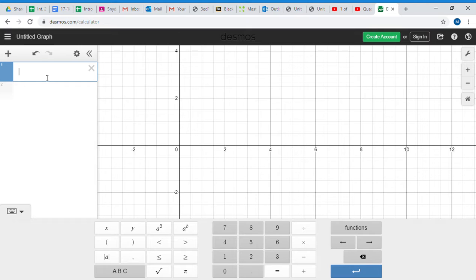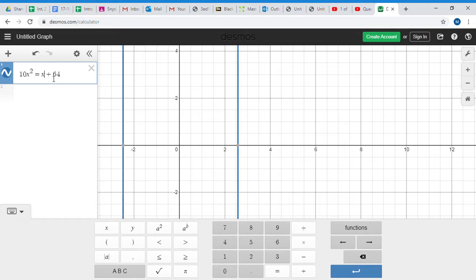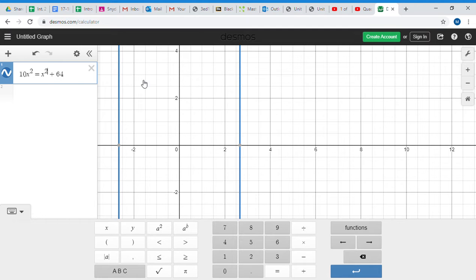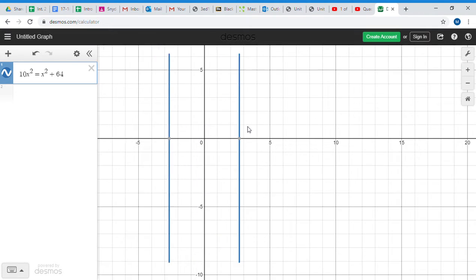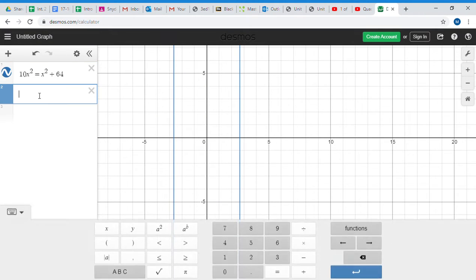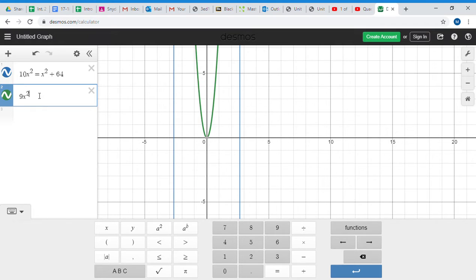Problem 3, we had 10x squared is equal to x squared plus 64. x squared. There we go. So this one we had negative 2.67 and positive 2.67, and again, it works out well. If we write it in our standard form, we had 9x squared minus 64.